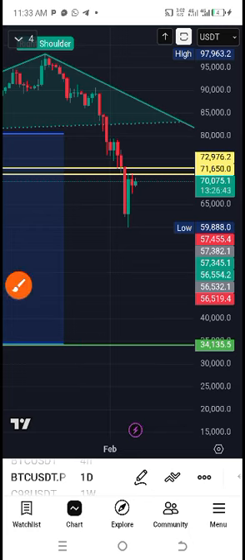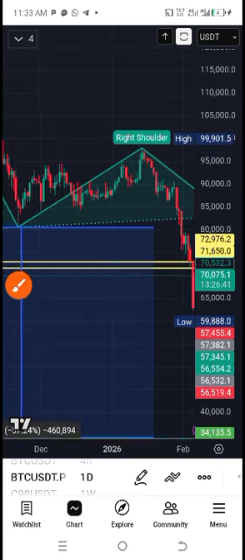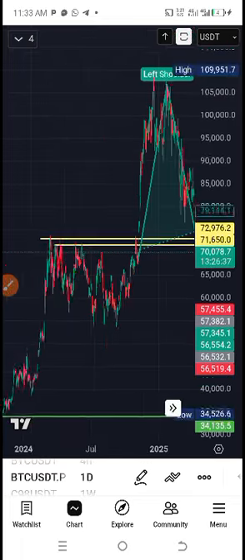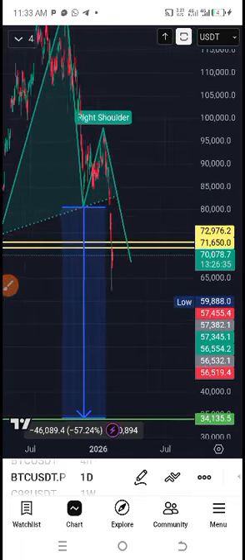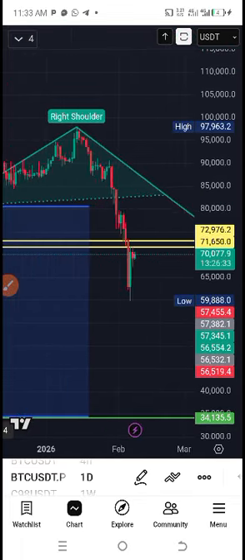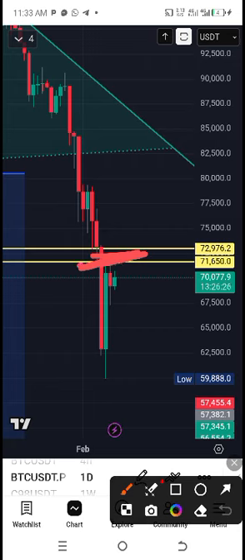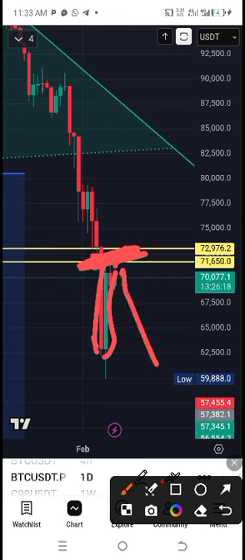But in a case like this, I will not be buying BTC at this level. Reason being that this zone is standing as a resistance, and you have a breakdown here, and this could be a retest that could bring this market down.